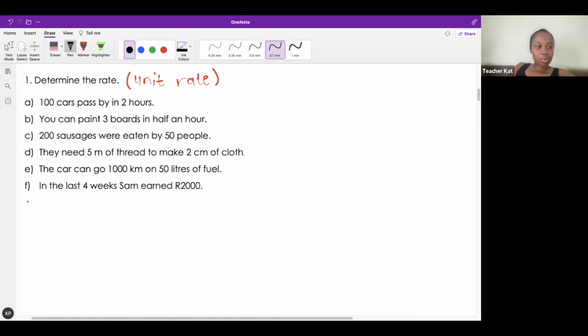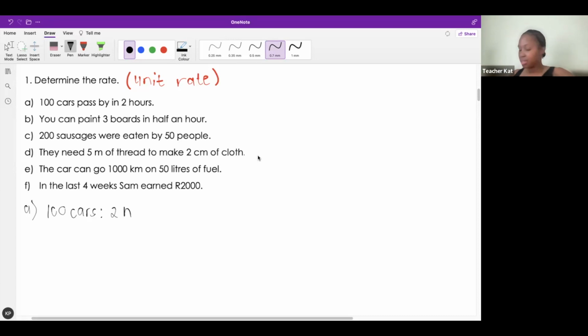Your first step is you just write it as it is: 100 cars for 2 hours. As a unit rate, how many would it be for 1 hour? If it is 100 cars for 2 hours, then for 1 hour, how many cars would you have expected to pass?